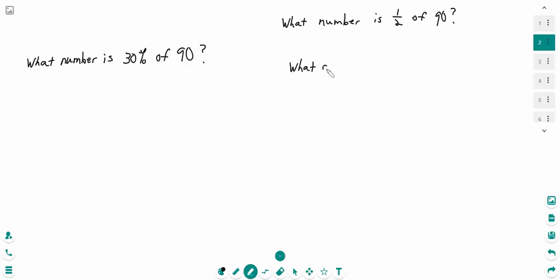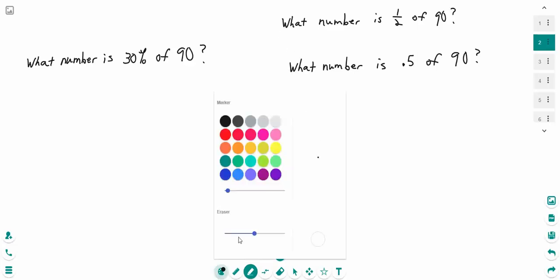What number is 0.5 of 90? Whoops, not 90%. I've got percents in my head right now. What number is 0.5 of 90? All right, or 5/10 of 90. Both of these you've solved before many times.